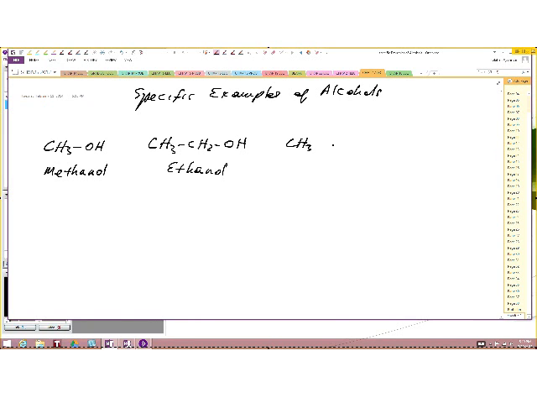Then we have this. This is 2-propanol. You see here, this is a secondary alcohol. The hydroxy is attached to a secondary carbon. And then we have this.